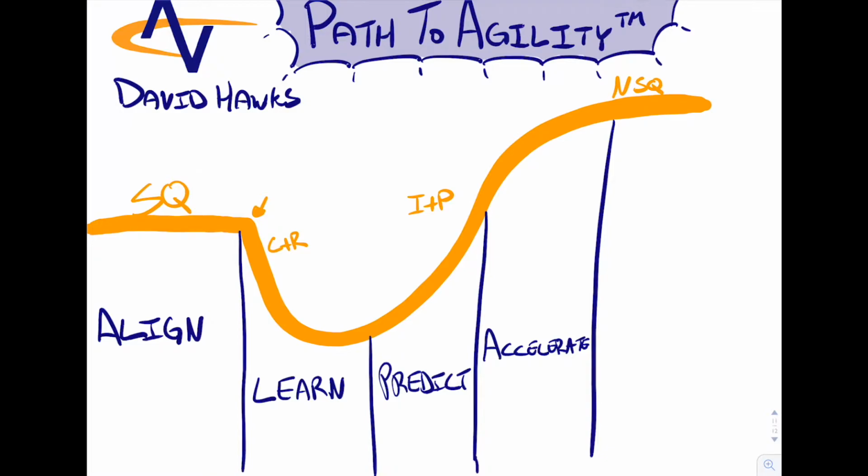So accelerate starts looking at things like, are we optimizing the whole value stream? Are we releasing continuously? Are we doing DevOps practices? Are we actually pushing code into production faster, in smaller chunks? Are we getting a faster time to value, and those kinds of things?